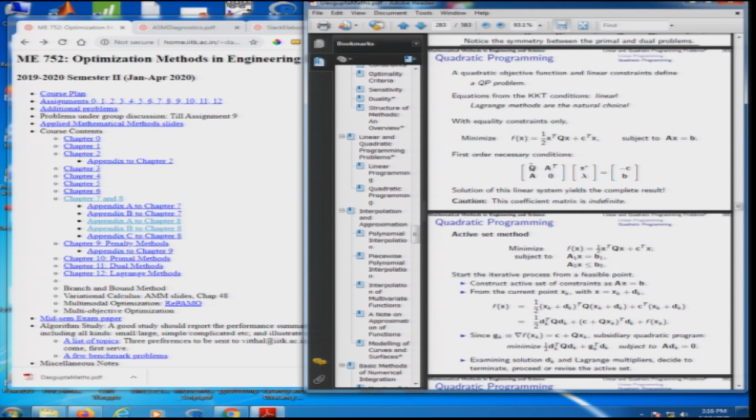Not only that, this coefficient matrix is symmetric, and if the objective function is convex, really convex, quadratic convex function, then this Q is positive definite, that is if it is strictly convex, and if A is full rank, which you will expect, because you expect that these are all linearly independent constraints.